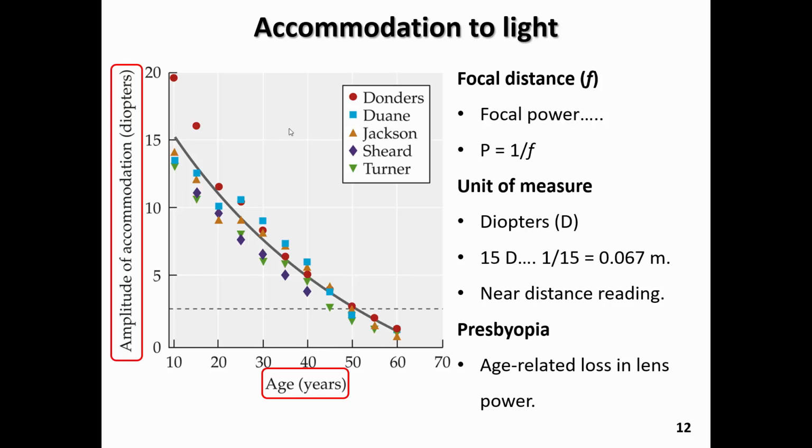And as you can see here, although these are different studies, they all found a similar pattern, where the dotted line here reflects a distance of 40 centimeters, which is seen as the breakpoint where the need for accommodating lenses, reading glasses, becomes necessary. In some individuals, the loss is faster than others, requiring earlier intervention with external lenses.